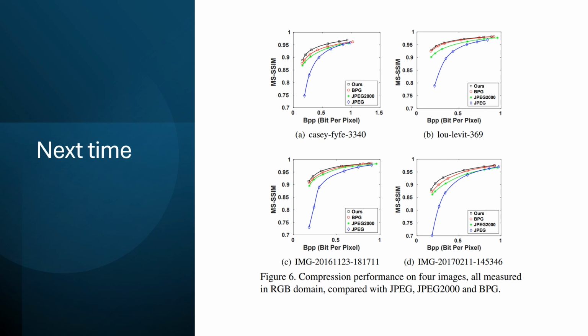And you see that if the number of bits per pixel is more than 1, all these algorithms tend to behave similarly. But as we go well below, down to, let's say, a 1/10 of a bit per pixel, there are algorithms that can still maintain reasonable structural similarity, as shown on these curves, where JPEG will tend not to.